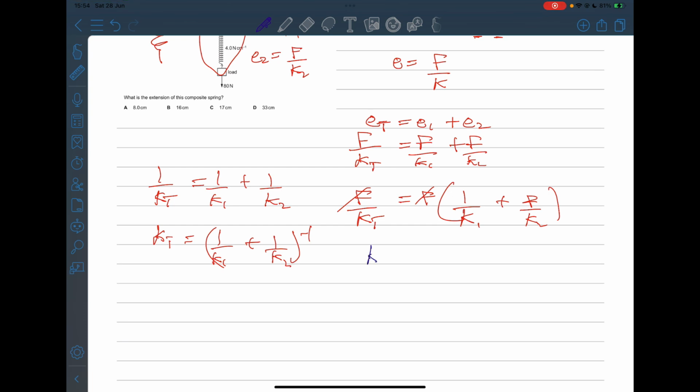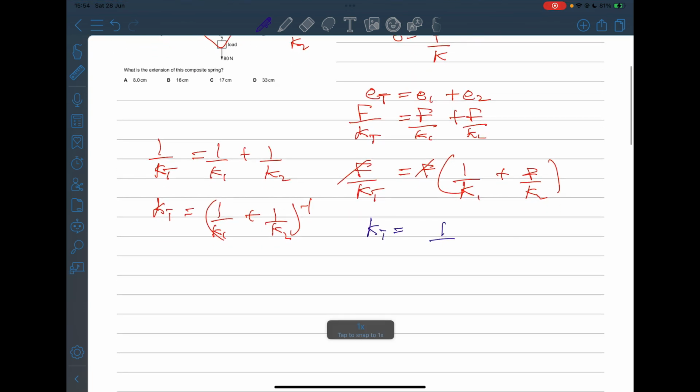So KT is 1 over, from the question, 6 and 4. I'm going to quickly calculate that. And that is 2.4, basically 12 over 5.